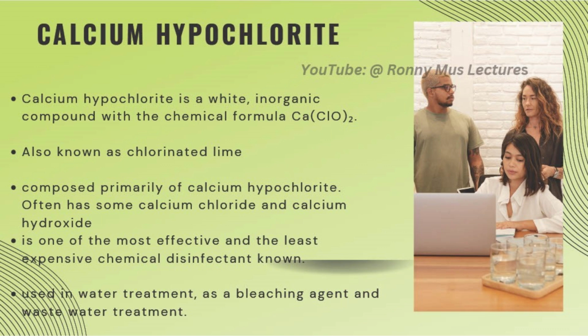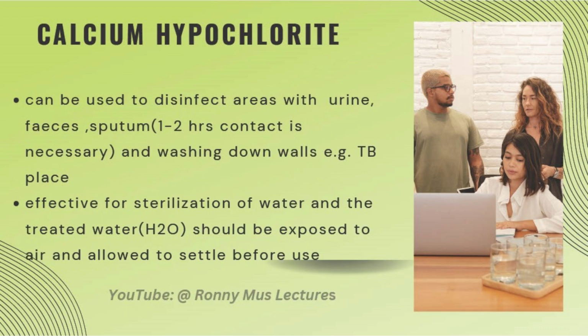It is one of the most effective and the least expensive chemical disinfectants known, and it is used in water treatment and also as a bleaching agent and in wastewater treatment. Calcium hypochlorite is an important disinfectant, and it is also effective for water treatment.